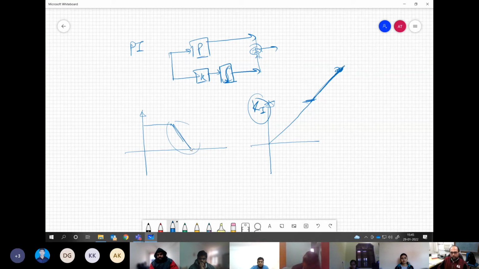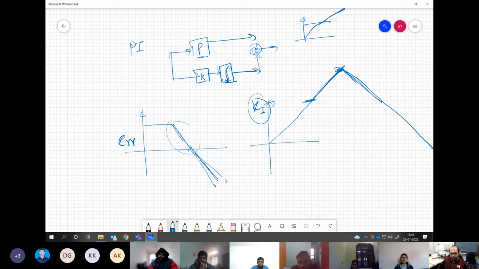So what will be the effect of that? You will start going in the negative direction. That means your output, which should have been here, now it will start going higher. So the error is now negative. In response, this integrator will start coming down because now this is a negative value. So the integrator will start reducing its value slowly. And by the time it reaches 0, again the error will be very high negative. And so what will happen?